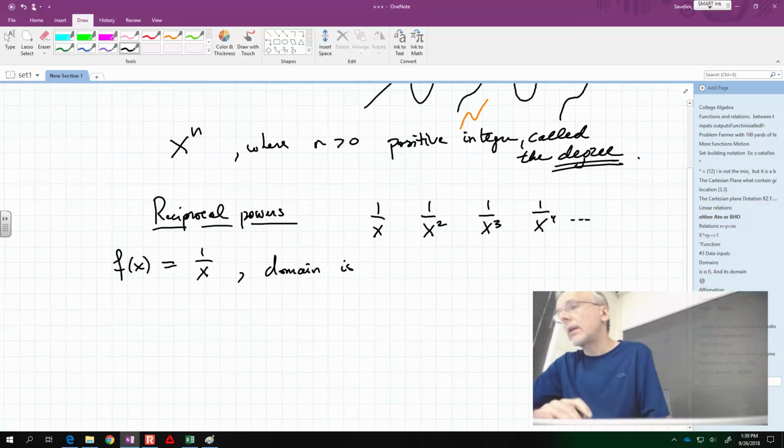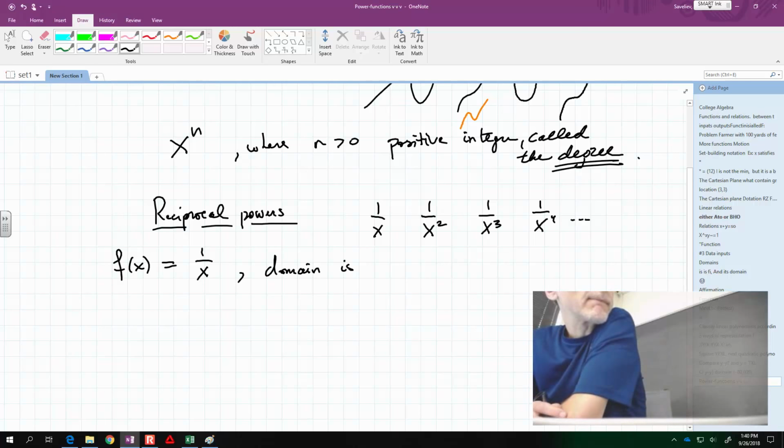What's the domain of this function? Yep. All numbers except 0. All but 0. That's right.